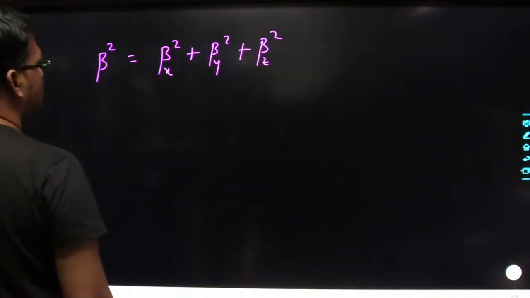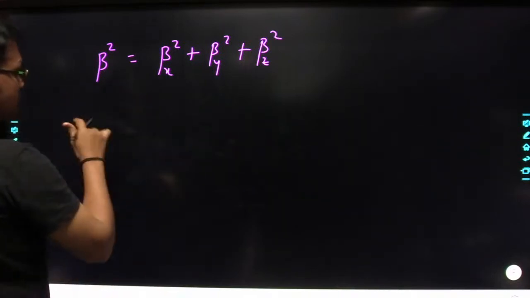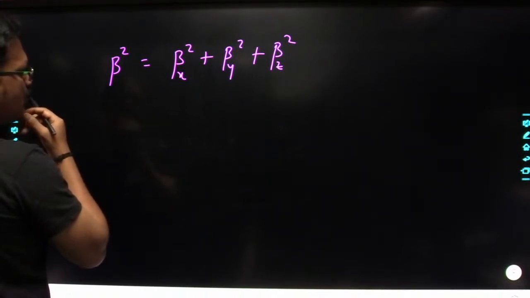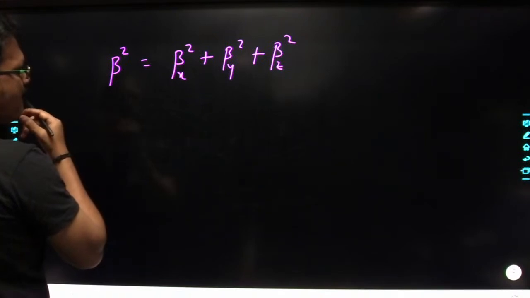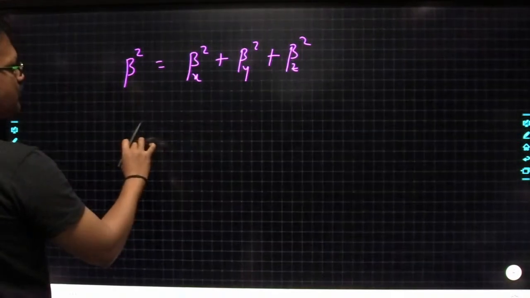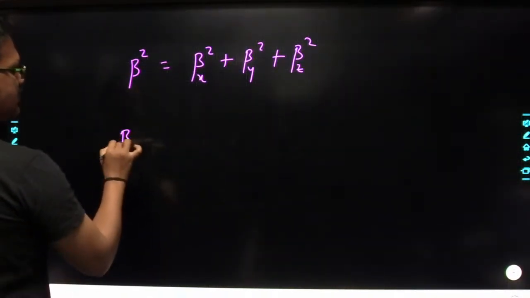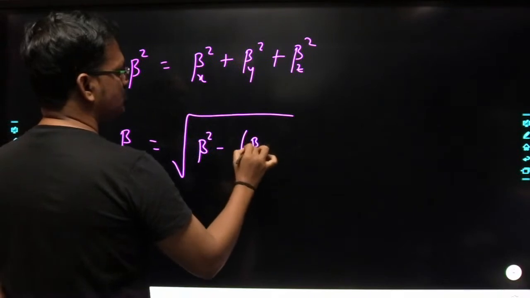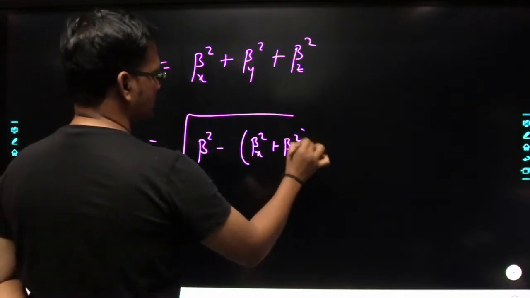So beta z is equivalent to the square root of beta square minus beta x square plus beta y square, right?